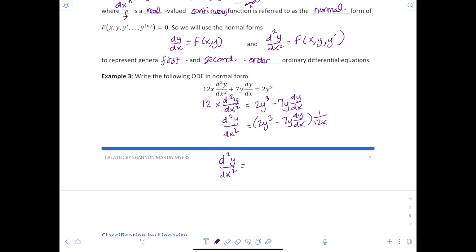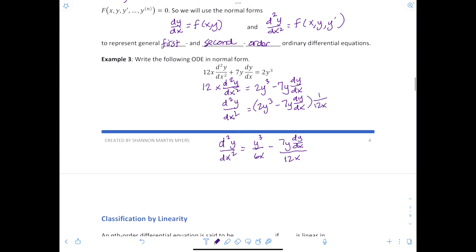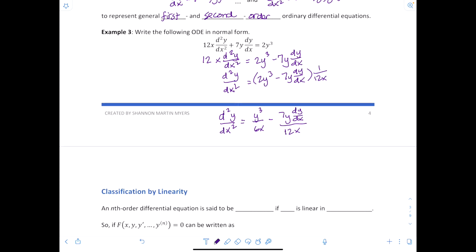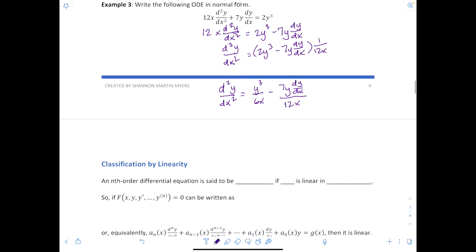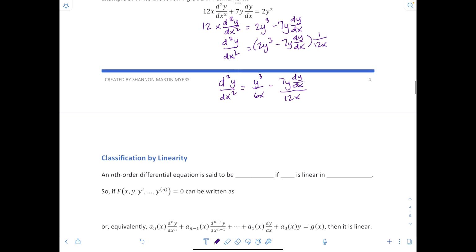And we'll just write this as y cubed over 6x minus 7y dy dx over 12x is equal to that second derivative of y with respect to x. Cool? So that is the normal form of an ordinary differential equation.